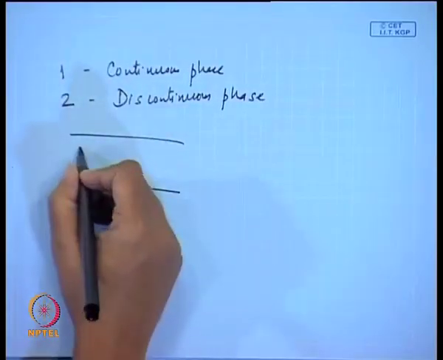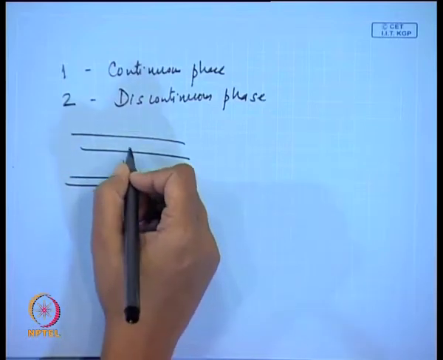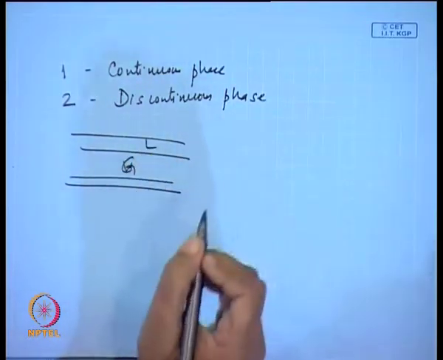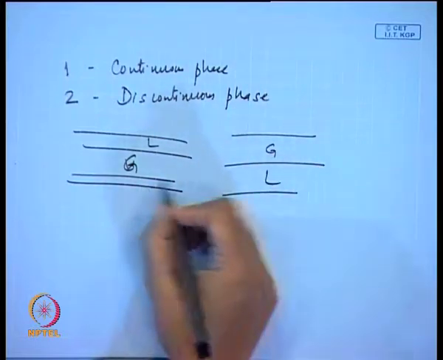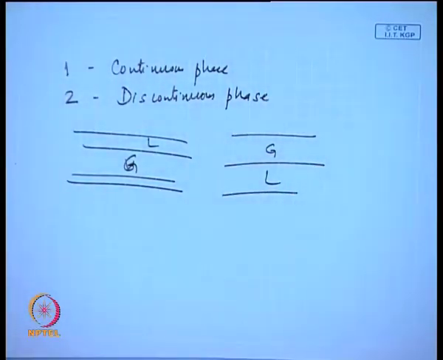And a discontinuous phase is one in which 2 points cannot be joined by a straight or a curved line within that phase. Now, we can have circumstances when both phases are continuous. Okay. For example, in annular flow, if you remember, we had a vapor phase or a gas phase and a liquid phase. If we have stratified flow, we find for these that both the phases are continuous.